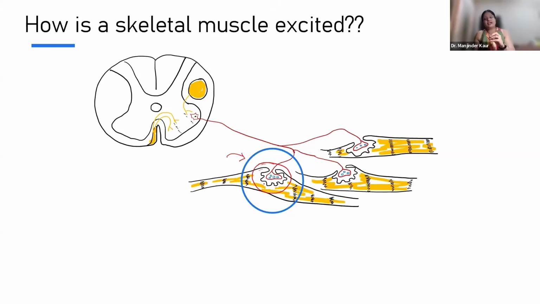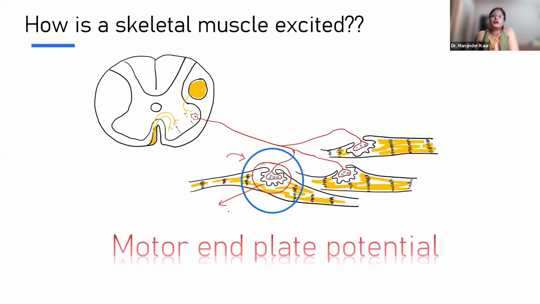So it is at this point where the nerve sends its signals to the muscle and the muscle gets activated. Now this particular place, where the nerve meets the muscle, is called the motor end plate. In the last webinar, we had discussed that the voltage fluctuations which appear in a cell are referred to as potentials.